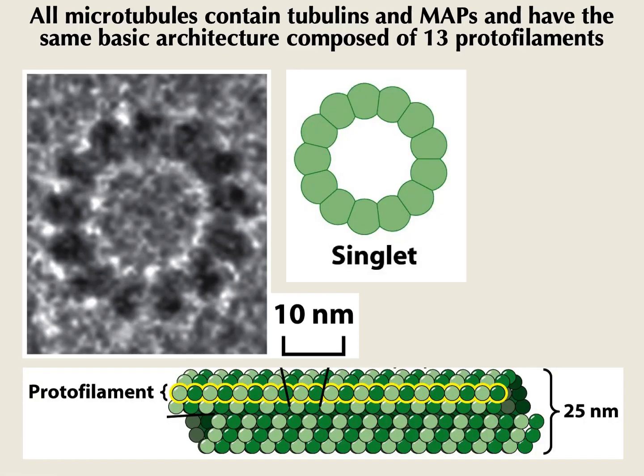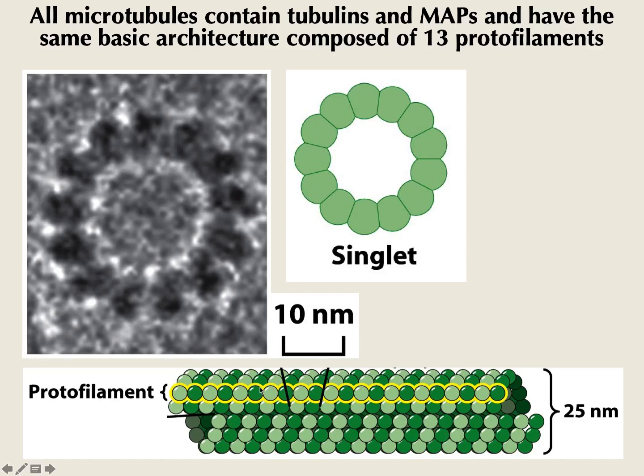So this is what's sometimes been referred to as a singlet, but it's actually best understood as a cross-section through a microtubule. Okay? So what this is showing is that you have to make the tube, so the inside is kind of empty, and you have 13 of these protofilaments here.